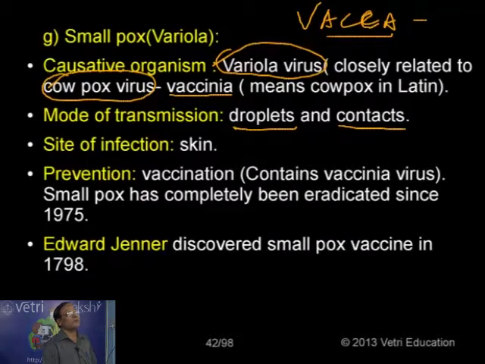Indirect contact is by means of using, for example, some articles used by the infectious patients, for example the handkerchief, or glass tumblers, or any article that is being used by the infected persons, which will transmit the disease.